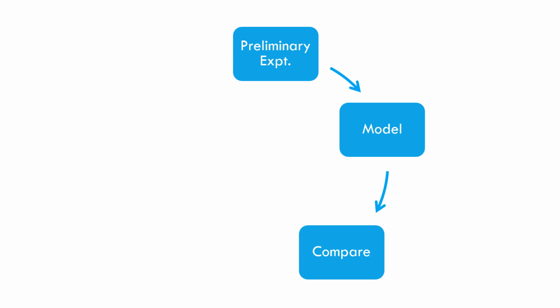This could be just simple observations, but this almost is always the starting point. Based on this, we build the preliminary model, and then we compare this preliminary model against whatever little preliminary experimental data we have. This may then provide us insight into a possible need for more careful experimentation.